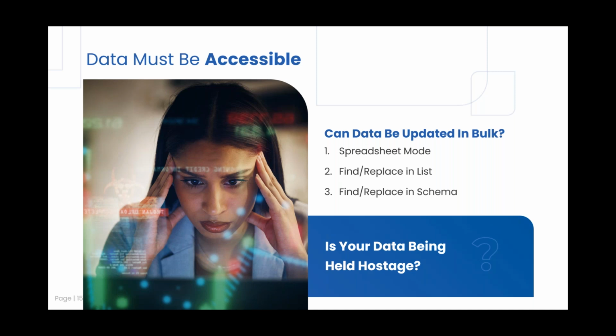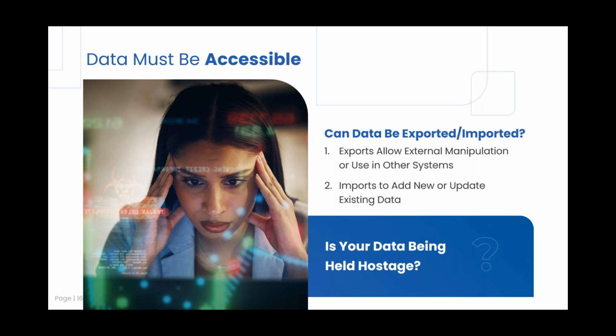In other words, can you find and replace within the data structure, not just within the data itself? Maybe it doesn't come up quite as often, but it can become important over time, when you are growing and scaling and you feel like you need to make some changes.